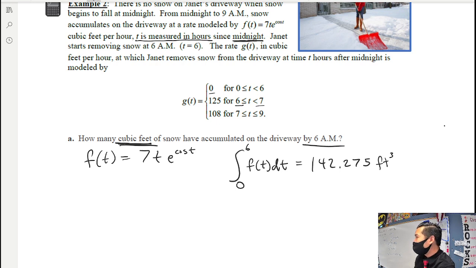If it doesn't specify the units, don't write the units down. If you write it down correctly, they're not going to mark you off. But if you write it down wrong, even though they didn't ask you to, they will take away that point, even if you get the numbers right. So if I had written feet squared, because I for some reason forgot that volume was cubic, I would get this mark wrong, even if my numbers were the same.